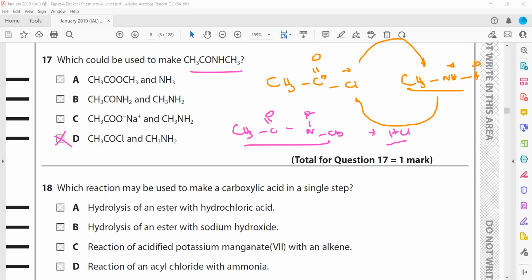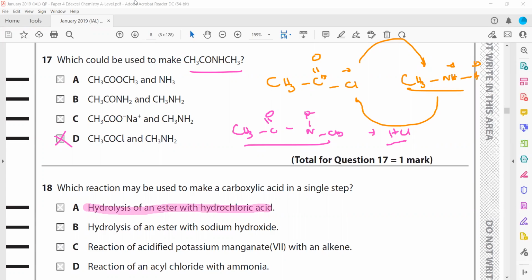In question 18, which reaction may be used to make carboxylic acid in a single step? Hydrolysis of the ester. Yeah, when we do hydrolysis of the ester with hydrochloric acid, it will produce carboxylic acid plus alcohol.